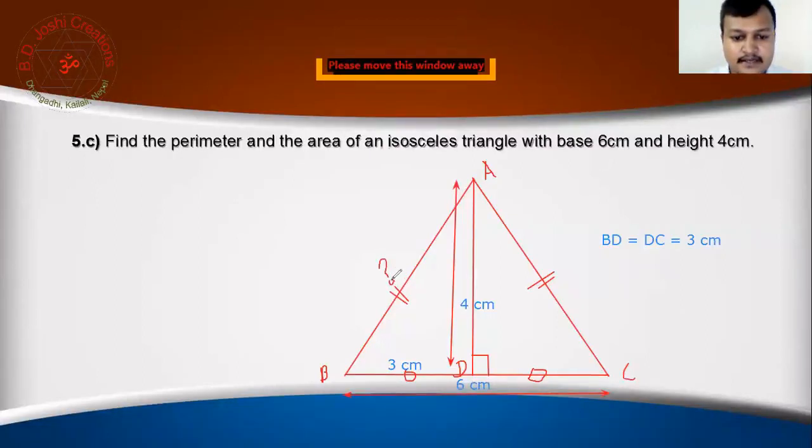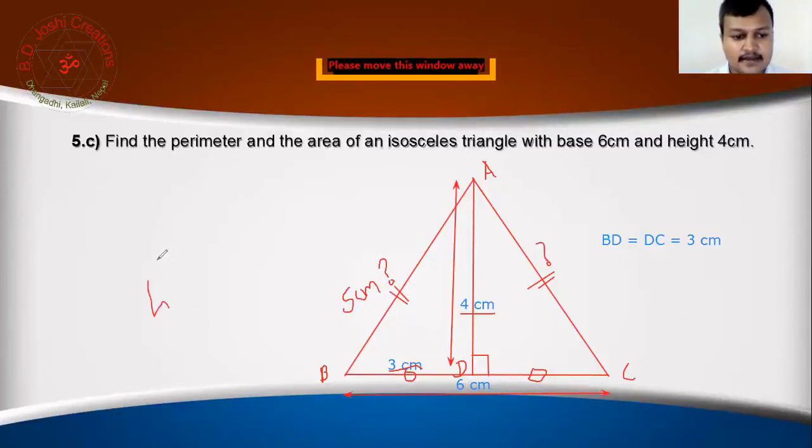Length of AB or length of AC, both are same, not different. BD is 3, AD is 4 centimeter. Then using Pythagoras theorem, here we will get 5 centimeter. AB value will be 5 centimeter.